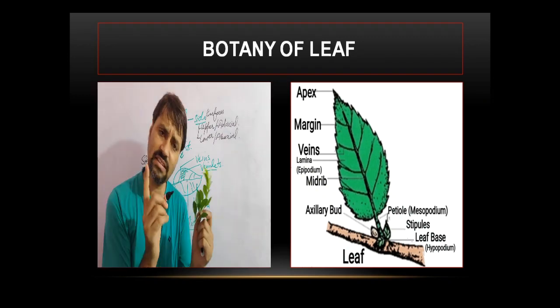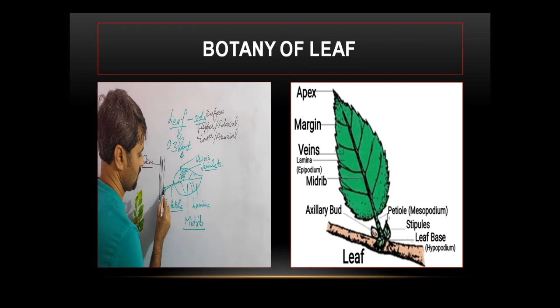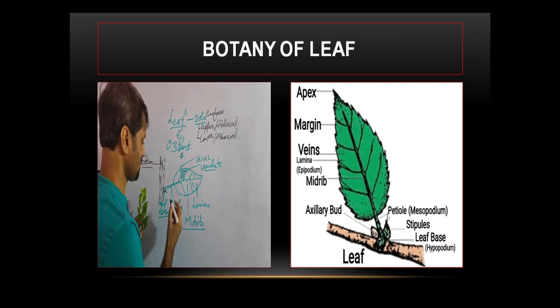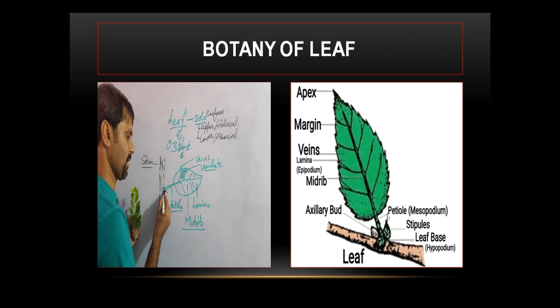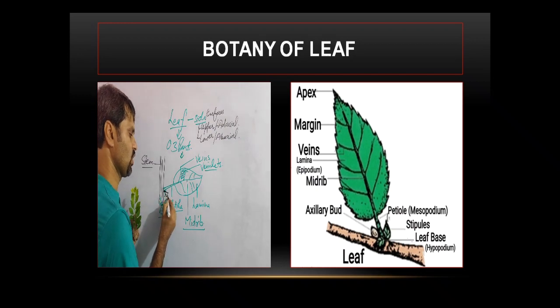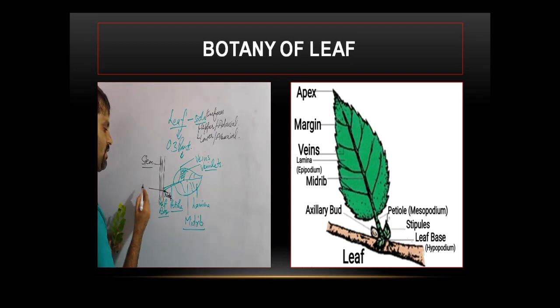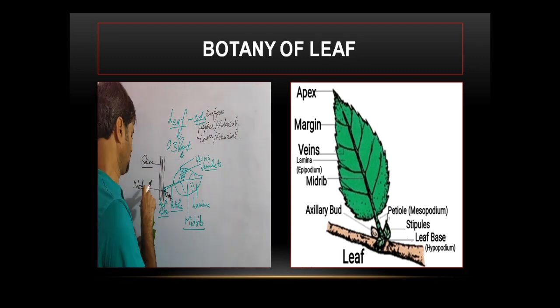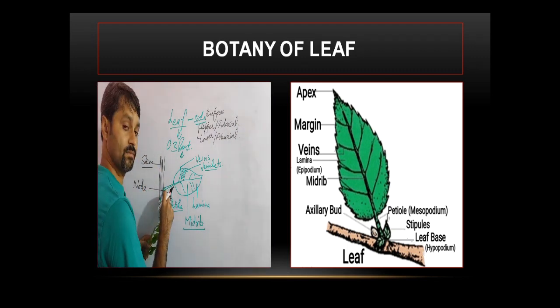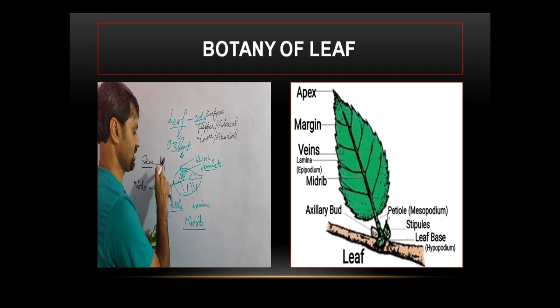The part of the stem where the leaves are present, or from where the leaf arises, is called the node. N-O-D-E, node. This is the leaf, this is the node, and this is the stem.